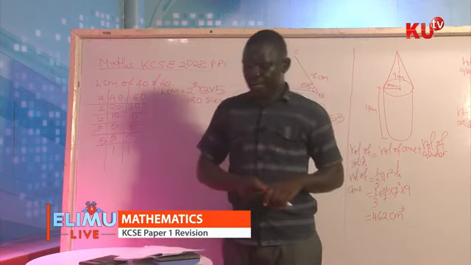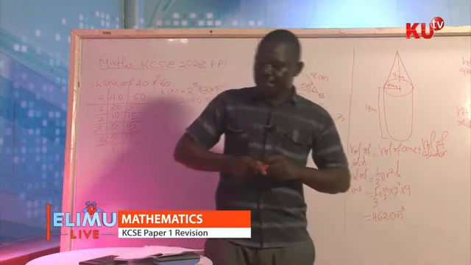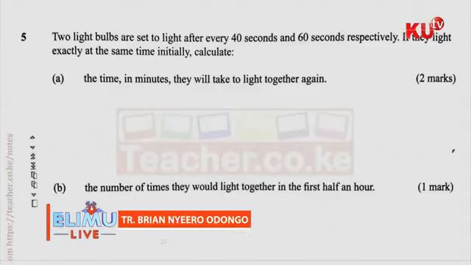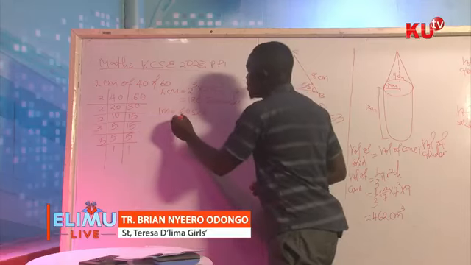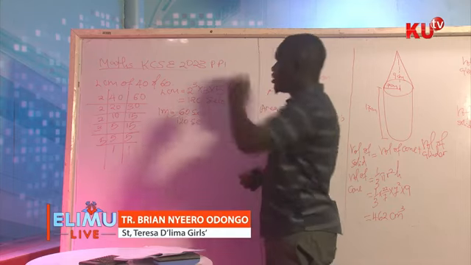Now, have we really answered the question? No. The question is the time in minutes they'll take to light. So you need to be very keen. Now this one is in seconds, but you know that 1 minute is always equal to 60 seconds. What about these 120 seconds? How many minutes will it be?